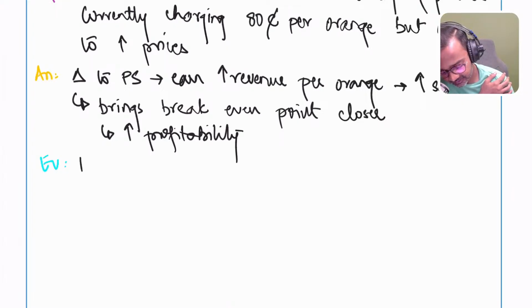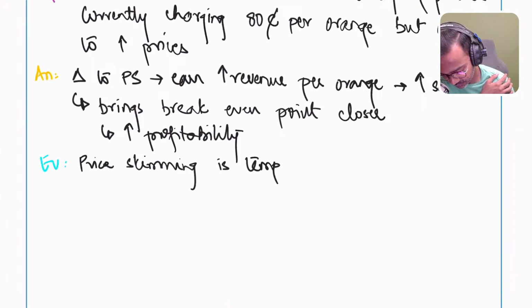However, price skimming is temporary. What that means is that whatever you're doing, your competition will soon get a sniff of it, try to do what you're doing, and come up to the same price level as you, so you won't have that competitive advantage for too long.